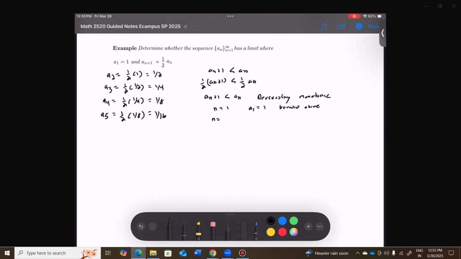And if n goes to infinity, then our sequence is going to 0, since these fractions keep getting smaller and smaller. Okay, so this is bounded below by 0. Alright, so we know this sequence converges.